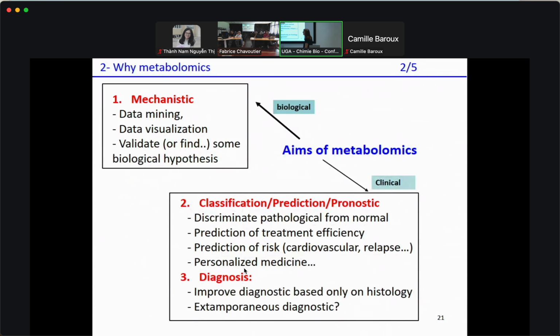So for a mechanistic purpose, this means that from your fingerprints, we will extract some biological hypothesis.